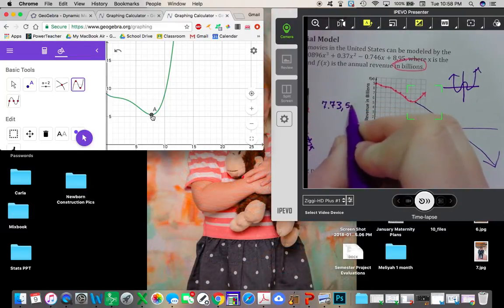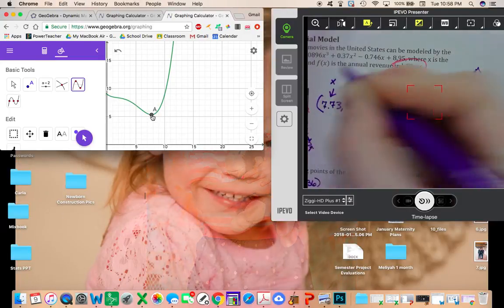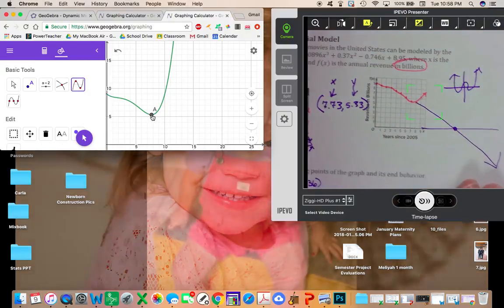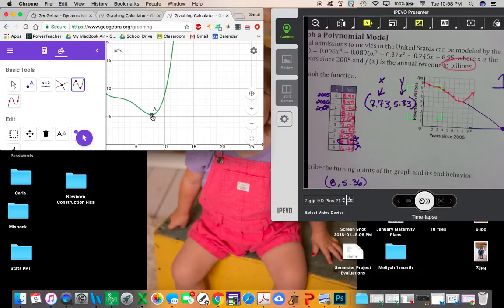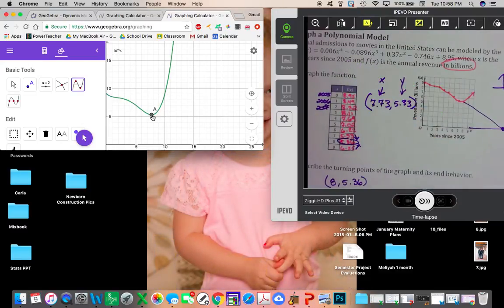7.73 and 5.33. So what this tells me is that x is 7.73 and y is 5.33, at the low spot. Well, x is the number of years after the year 2005.